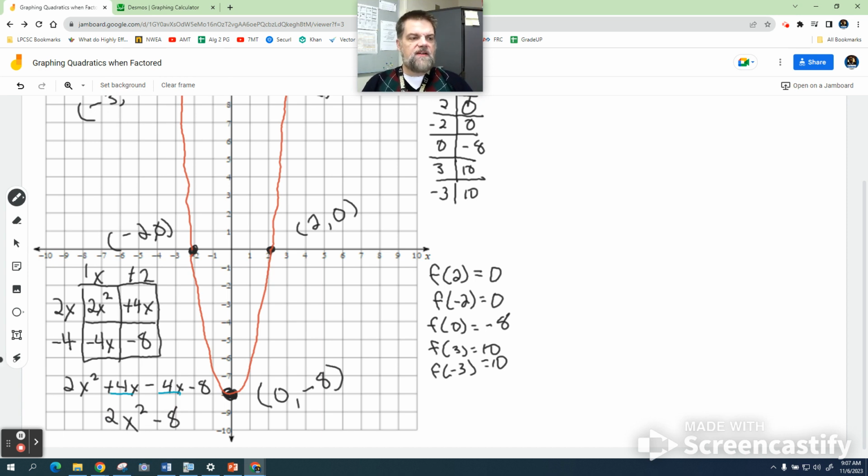And probably, just for good measure so you understand, that means that this is equal to x plus 2 times 2x minus 4. Those are the same equations. It's just one is written in factored form, and the other one is written in standard form. Okay?